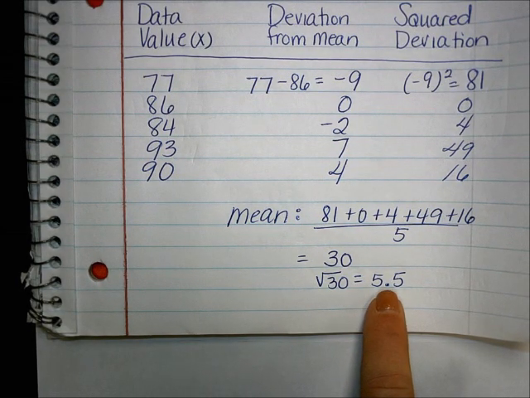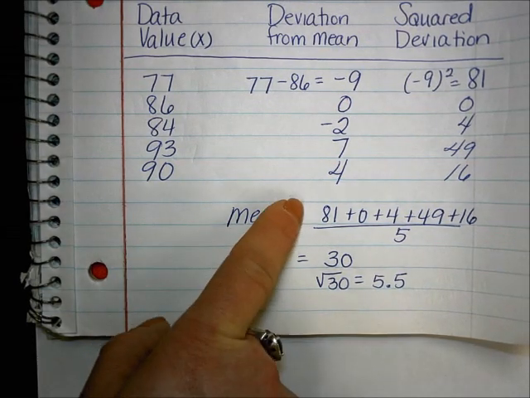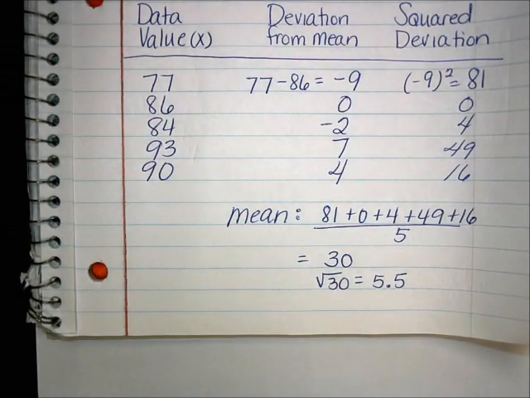It tells me that on average, the data points are about 5.5 away from the mean. Okay? On average, my 5 data points, my 5 original temperatures, are about 5.5 away from the mean.